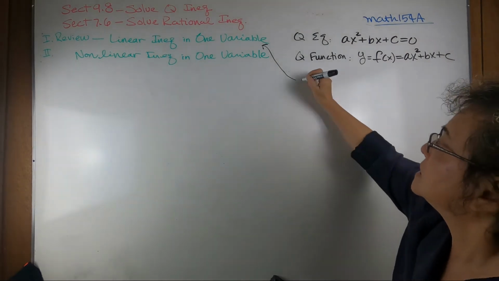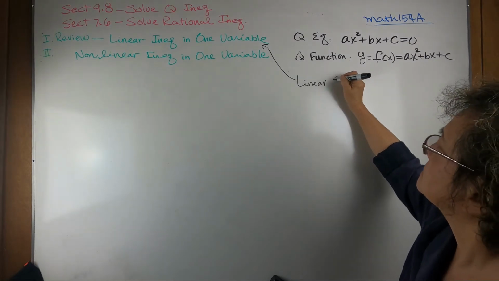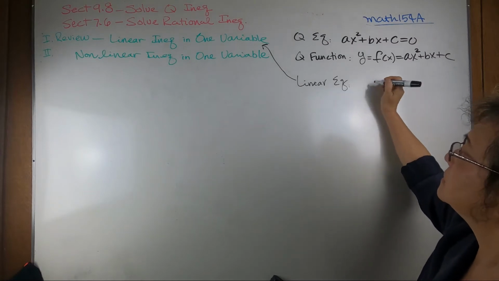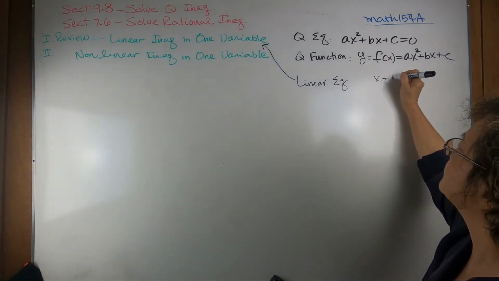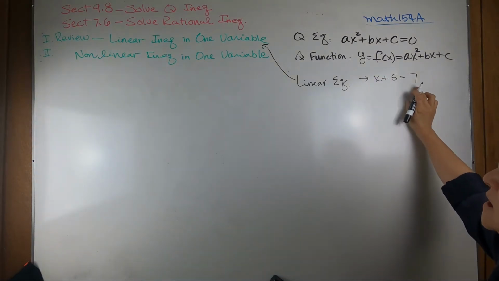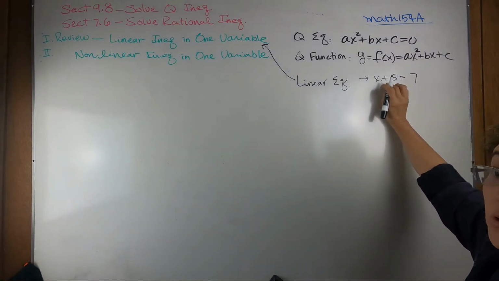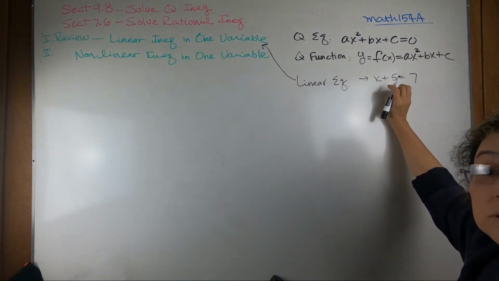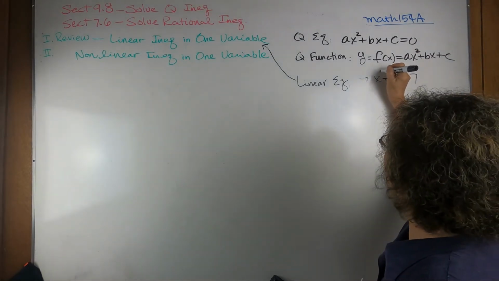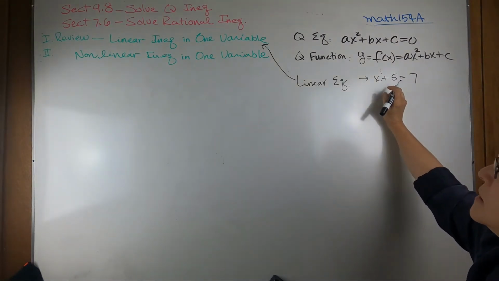So what are linear equations first? They look like x plus 5 equals 7, things like that, right? That's the equation, just one variable, polynomials in one variable with first degree, right?